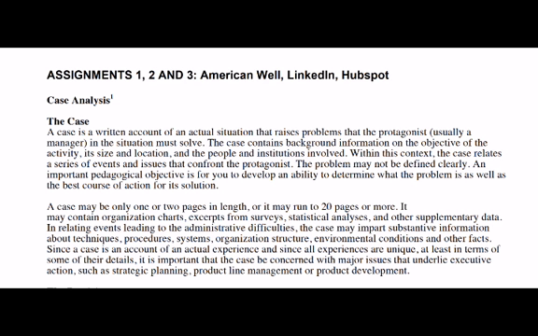So if you don't identify the protagonist properly, your problem definition could be off the mark. So it's very important to identify the protagonist. Usually it's not difficult. It is the person in the case about which most is written. So how many column inches are devoted to a particular employee? That's the protagonist. It's like the main actor in a movie or in a novel.